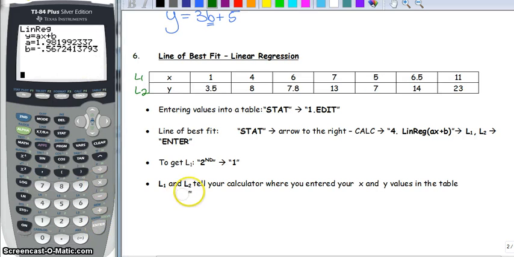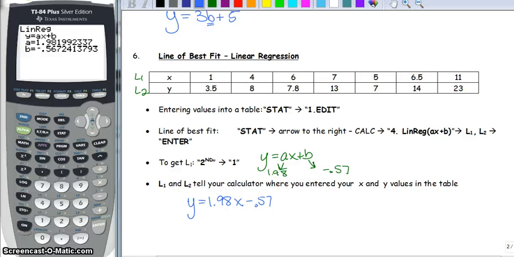Then it will tell you in your calculator that you have y equals ax plus b, and it tells you that your a value is 1.98 and that your b value is a negative 0.57, so that your line of best fit is y equals 1.98x minus 0.57. Even though it doesn't use the m and the b, it uses a, b, it tells you what a and b are.